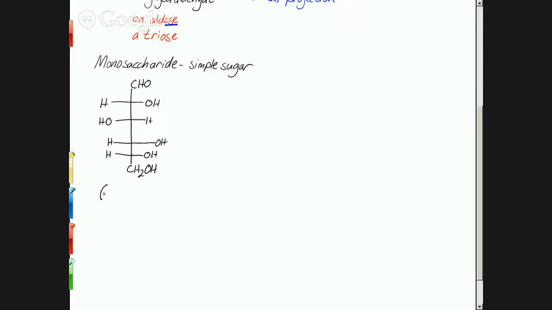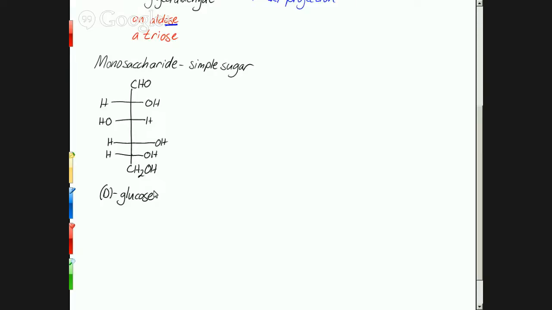Okay. And that's D-glucose. Now this is a nice way to think about glucose and all those other sugars. It makes for a nice table when we put them all together like that.